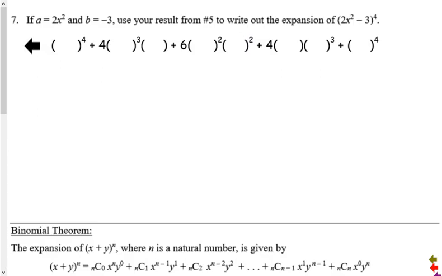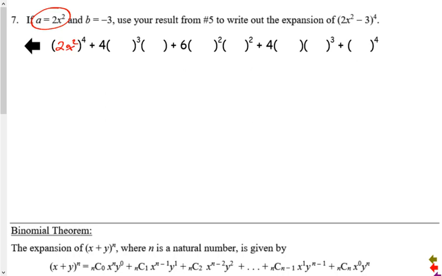So suppose we want to expand this binomial. It's not as simple as a plus b to the exponent 4. Now we have 2x squared minus 3 all to the exponent 4. But what we can do is we can just say our a value is going to be 2x squared. So in our previous expansion, I had a to the 4th, so that'll be 2x squared to the 4th.